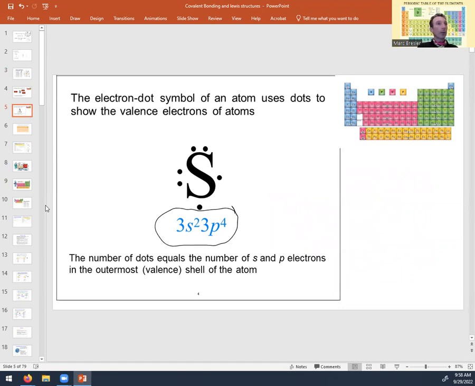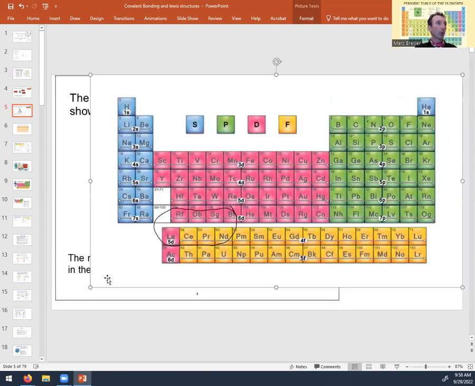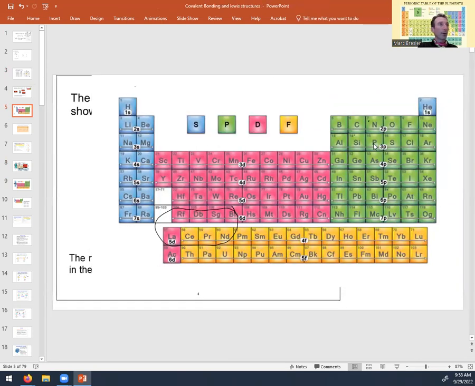So looking at the valence shell electrons, for example, sulfur, it's important to know that they come from the S and the P block. So sulfur is over here.